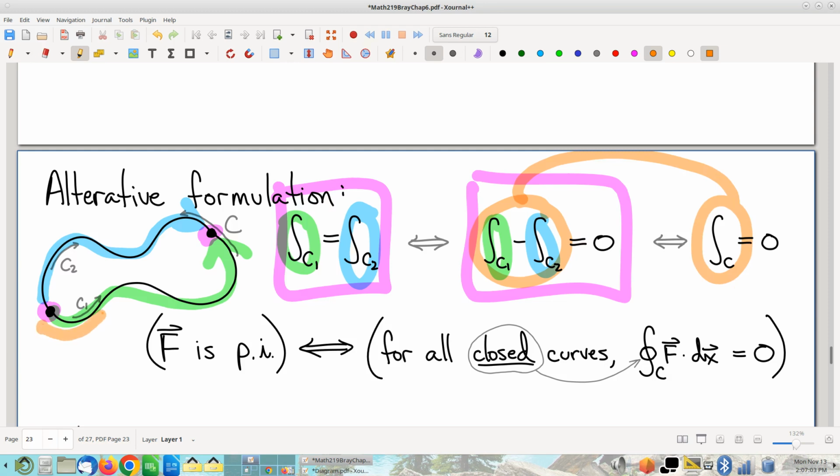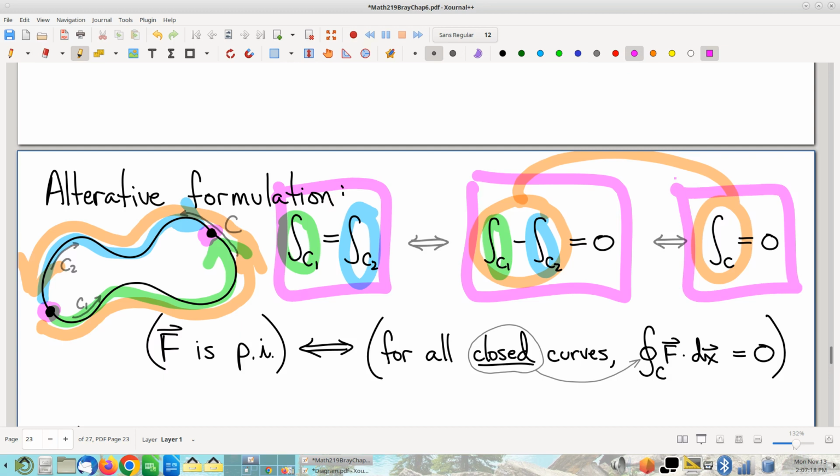Here we go. I start there, I go forwards along C1, and then I just go backwards along C2. So again, I don't really do anything yet, but an alternative formulation of green equals blue is orange equals 0.